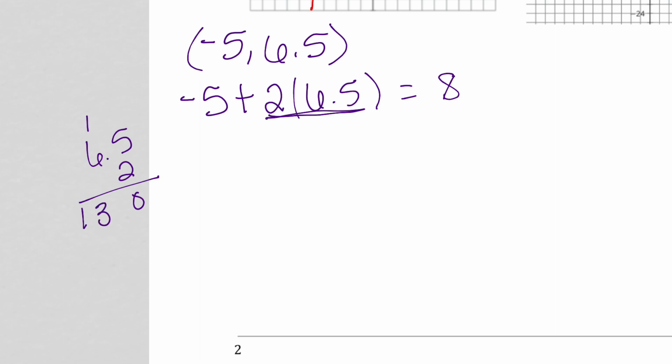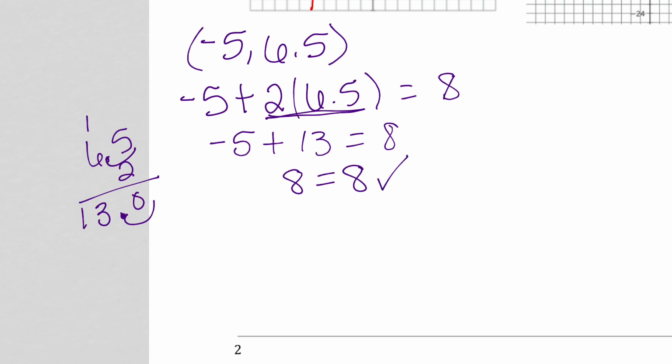And you put your decimal place in here. You move that over, move this over, remember? All right, so it's 13. So we get -5 plus 13 equals 8. What is -5 plus 13? What is 13 minus 5? 8. Does 8 equal 8? Yes, it is our solution. So we got it, we graphed it correctly.